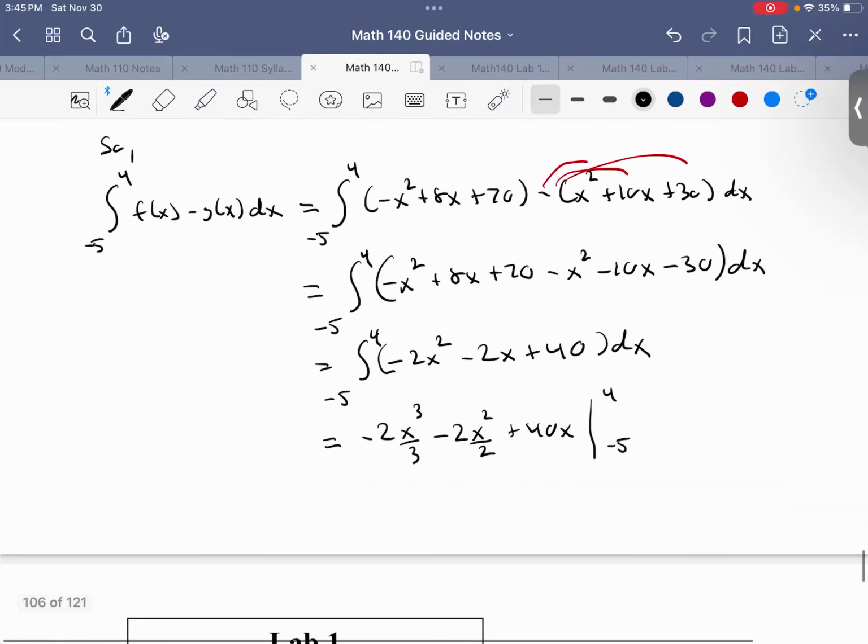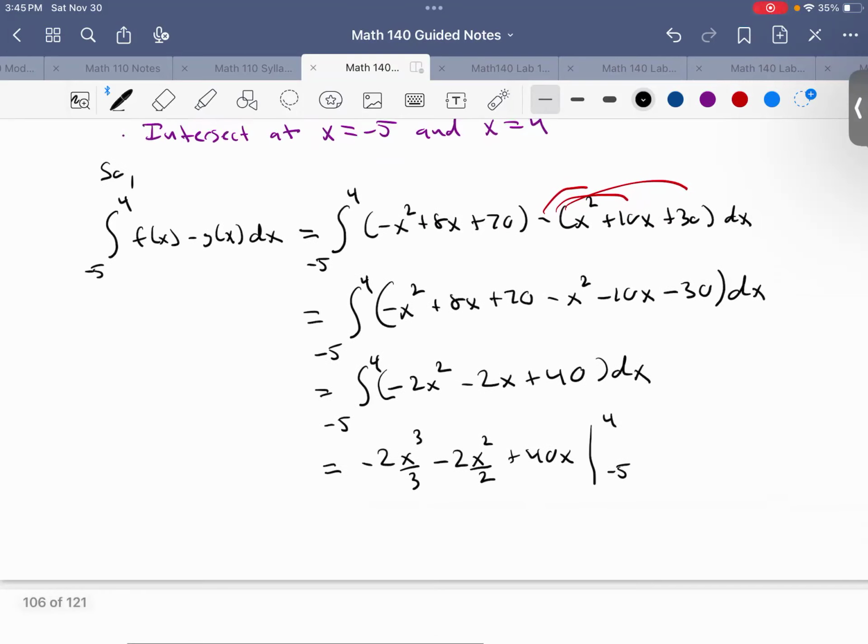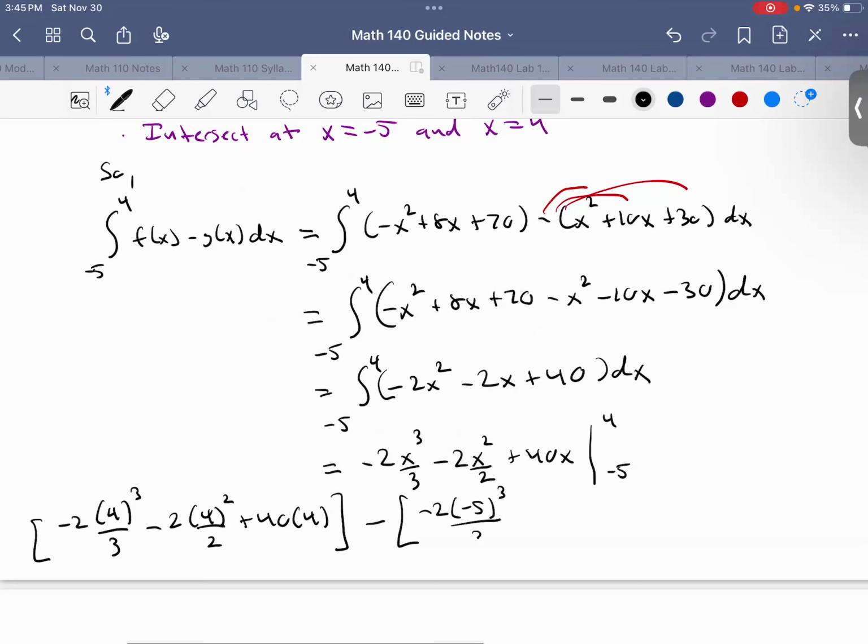Almost done. Let's set up our brackets. This would be negative 2 times 4 cubed over 3 minus 2 times 4 squared over 2 plus 40 times 4, minus negative 2 times negative 5 cubed over 3 minus 2 times negative 5 squared over 2 plus 40 times negative 5.